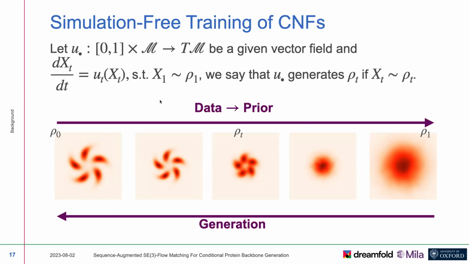So now we know that if we learn the specific mu_t, we can generate random variables that will follow our target distribution, our data distribution.